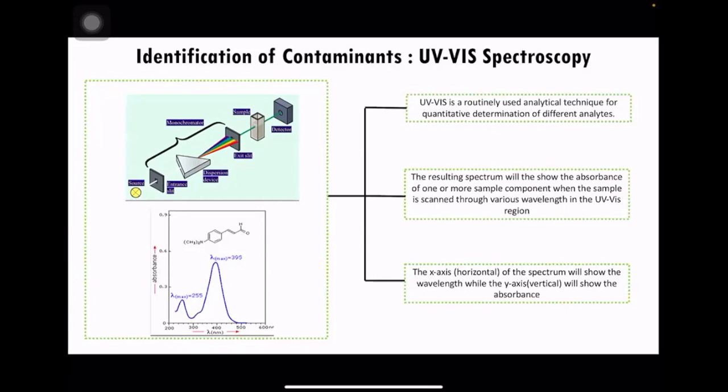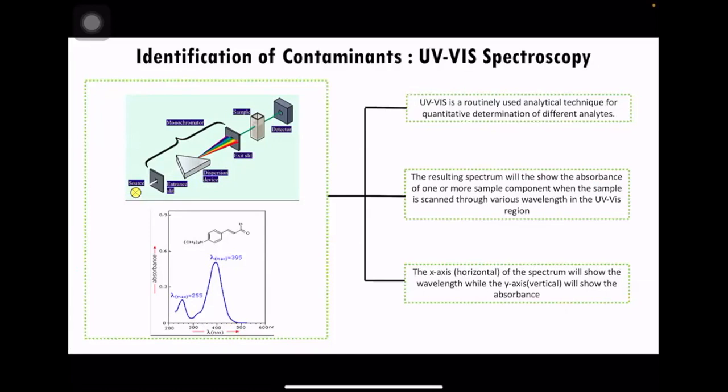Although it is a quantitative determination, UV-Vis spectroscopy can also be used to determine the type of contaminants that is present, because the resulting spectrum will show the absorbance of one or more sample components when the sample is scanned through various wavelengths in the UV-Vis region.